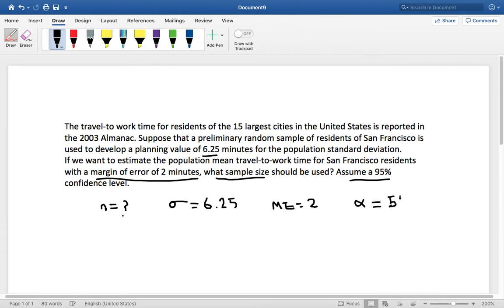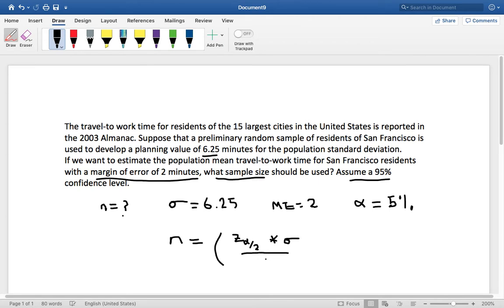So all we have to do now is plug our numbers into this formula to find the result. So, z of alpha over 2. Some people may be wondering how I knew to use this formula, because I showed two formulas earlier on, one for means and one for proportions.